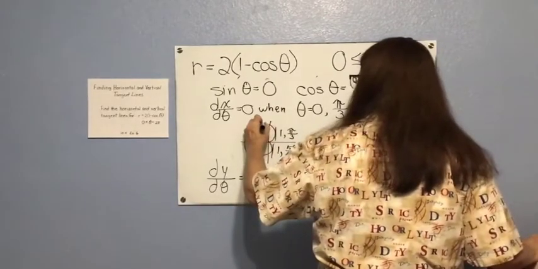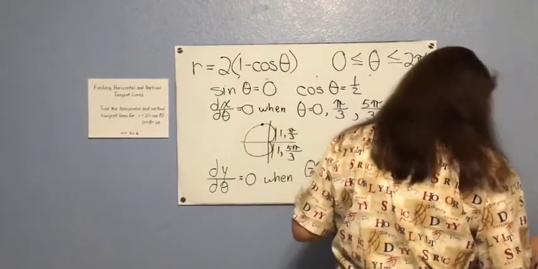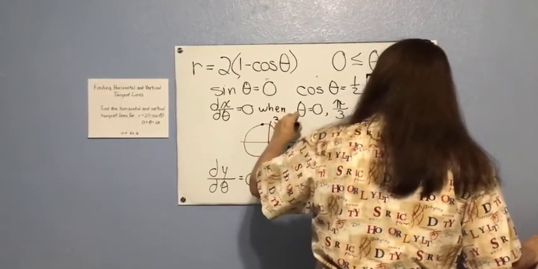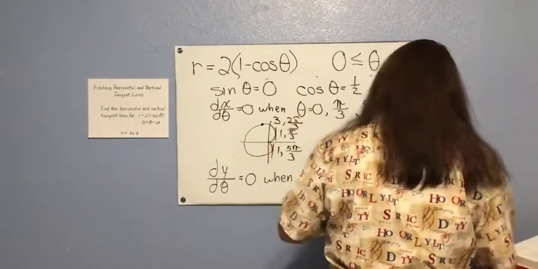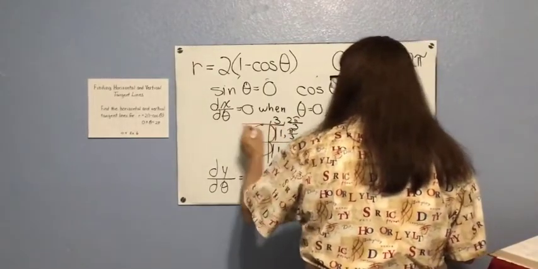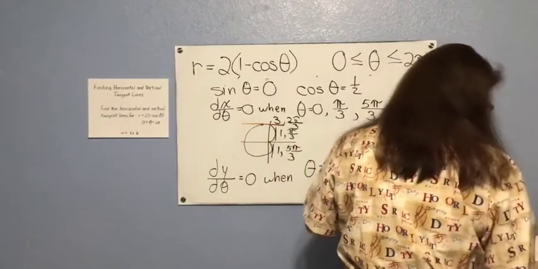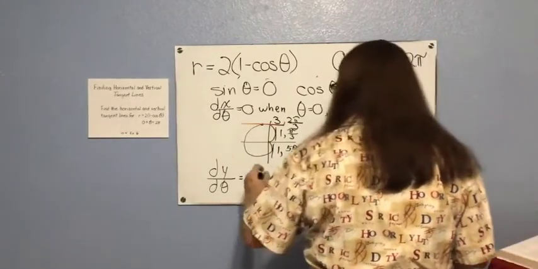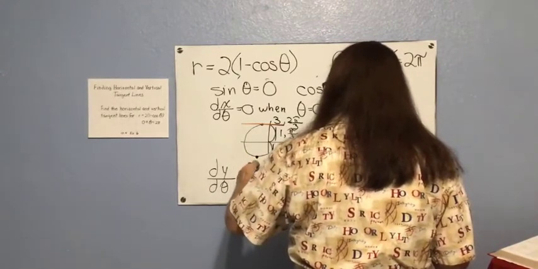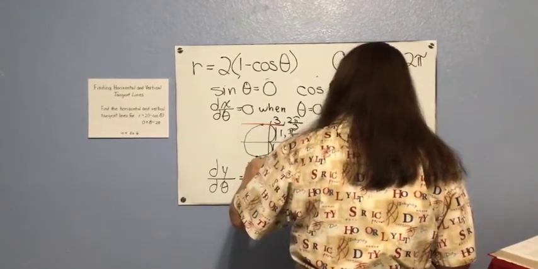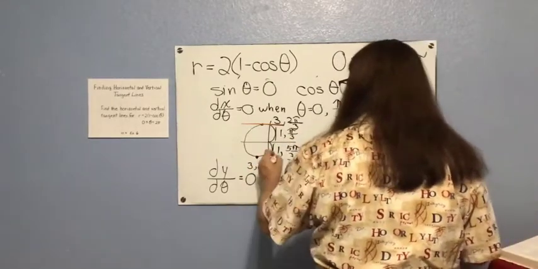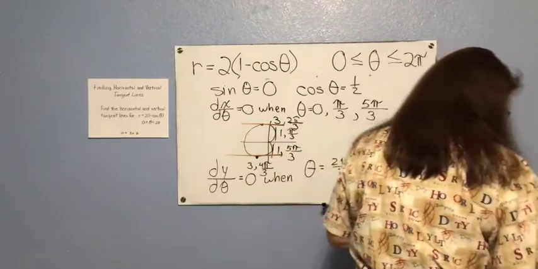And then I have up here 3, 2 pi over 3, and there's a horizontal tangent there. And then the last one would be down here at 3, 4 pi over 3. I have another horizontal tangent.